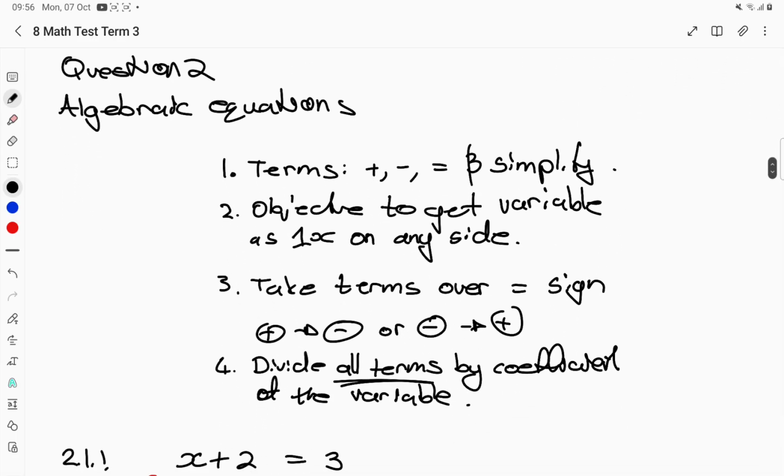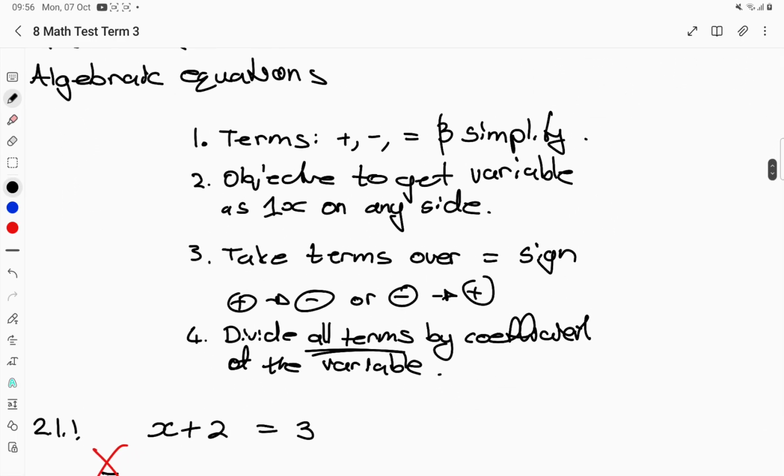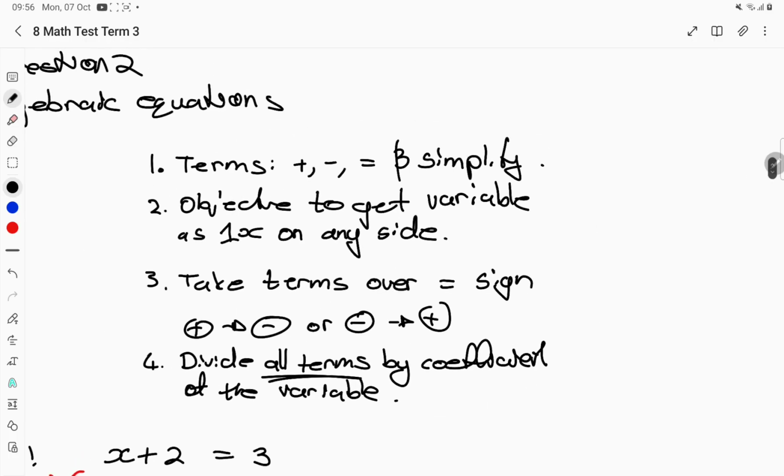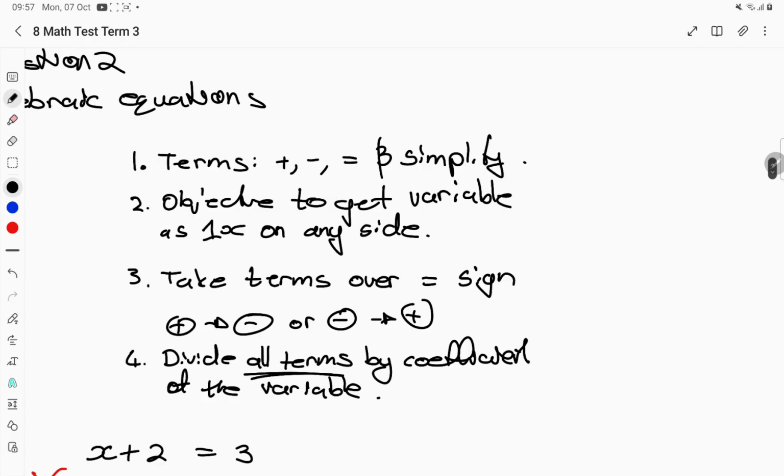We have algebraic equations. Now, I was going to do an overall summary of how to do equations, and then we just get right into it. So number 1, again, we split our terms, guys, at the plus, minus, and equal signs, and simplify those individual terms that you have separated.